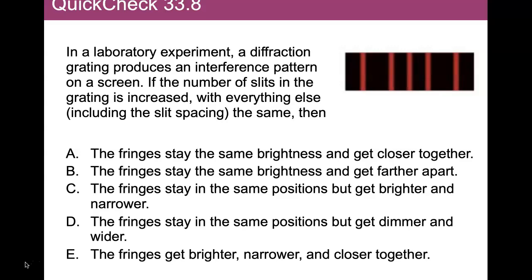So the brightness at the middle of the fringe is clear that it has to go up substantially. And another thing that we haven't discussed in detail is that you have this narrowing of the fringes.